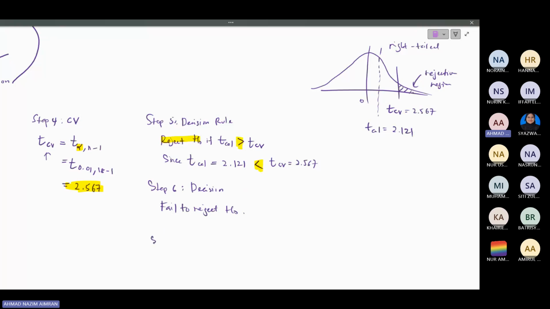And what can we conclude if we fail to reject H null?